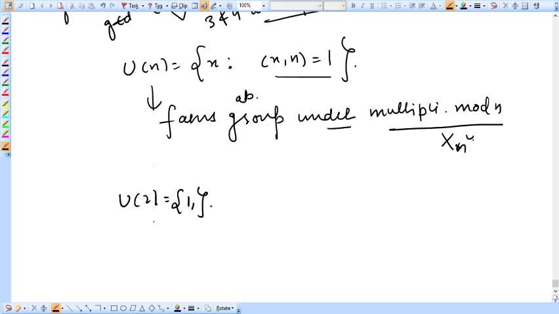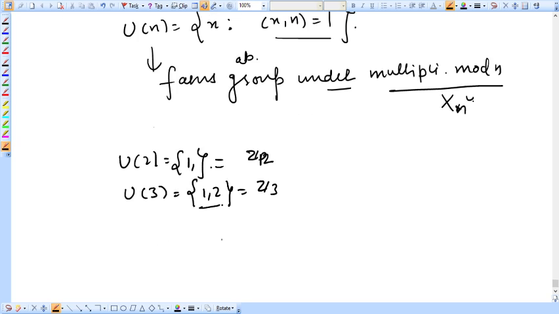So U2 is equal to 1, right? U3 is equal to 1 and 2, which is equal to Z3. Same, because here 3 is a prime, so it would be equal to Z3. Now U4.